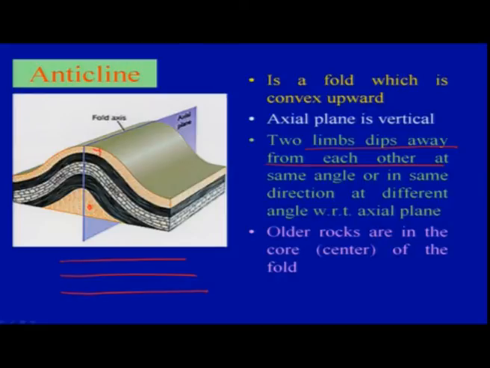In the core, so this is termed as core, we have the older rock, that is in the center, whereas on the top we have the younger rock. So, this is one typical characteristic of the anticline, that in the core you will have an older rock and on the top you will have the younger rocks.